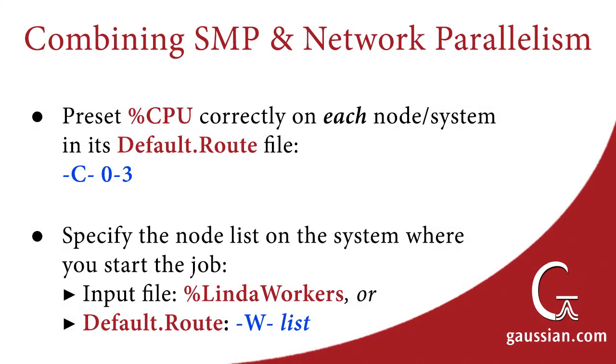This must be done before the job is started, using the -c- directive in the Gaussian default.root file on each system. The second step is to specify the list of Linda workers. This can be done in the input file with the Link0 command or in the default.root file on the master node using the -w- directive.